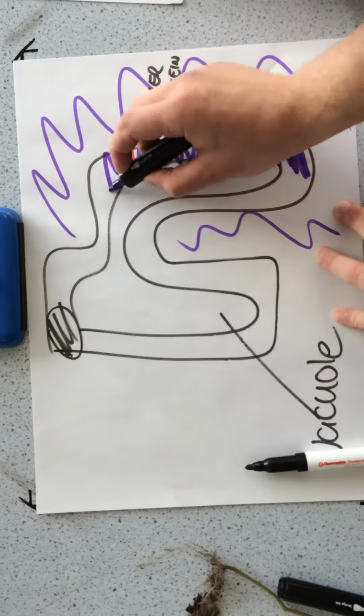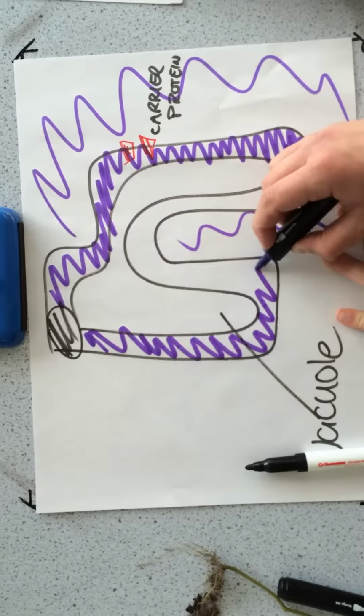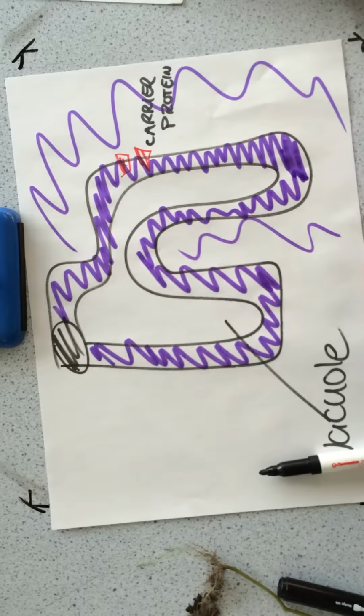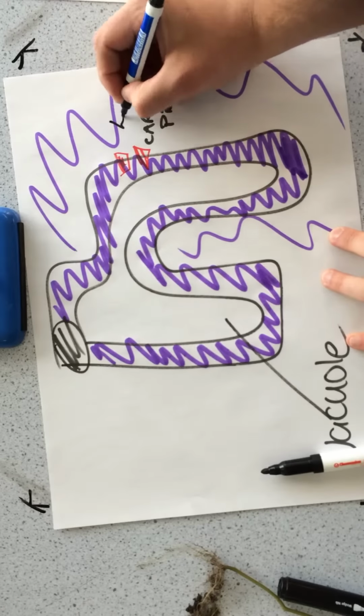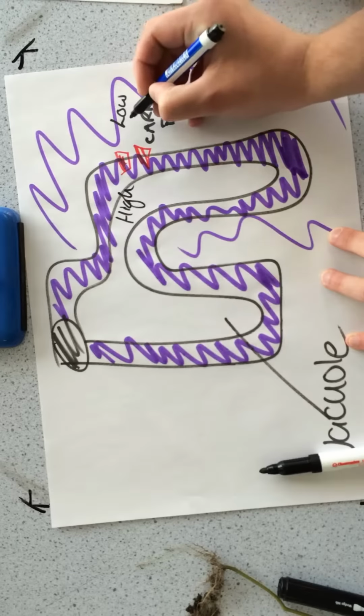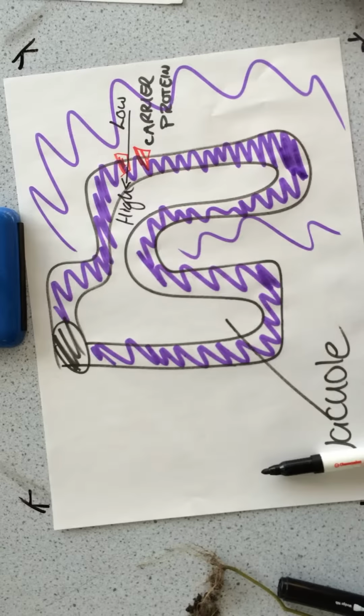There is a high concentration of mineral ions in the root hair cell, which means if I want to transport any more mineral ions in, it has to be against the concentration gradient. Because there is a low concentration here and a high concentration here. So it goes against the concentration gradient.